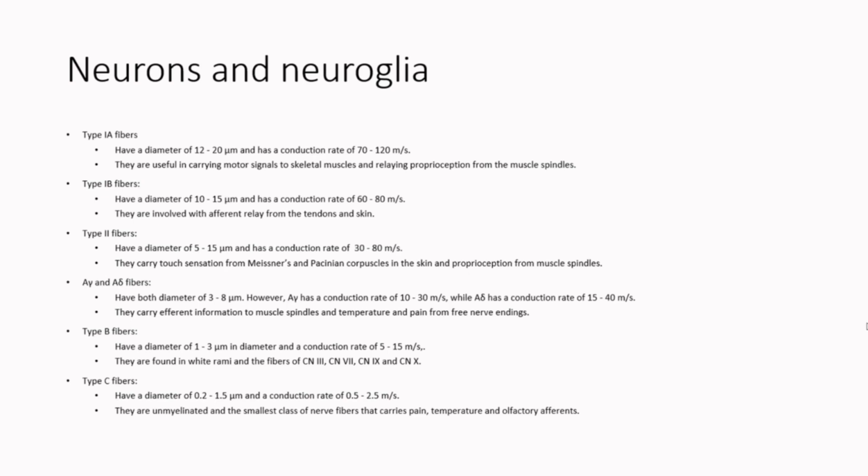Then we have type 1B fibers. They have a smaller diameter of 10 to 15 microns, and their conduction rate therefore will be slower, around 60 to 80 meters per second. And they are involved in the afferent relay from the tendons and the skin.